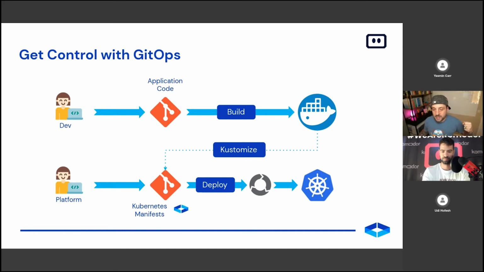The container image will, through Kustomize, the customization solution in Kubernetes, update the Kubernetes manifests. The operator will notice that the manifest has changed, and as a result, will reconcile what is living in the cluster, the state, with the intent, which is what is sitting inside the Git repository where you have the Kubernetes manifest, right?